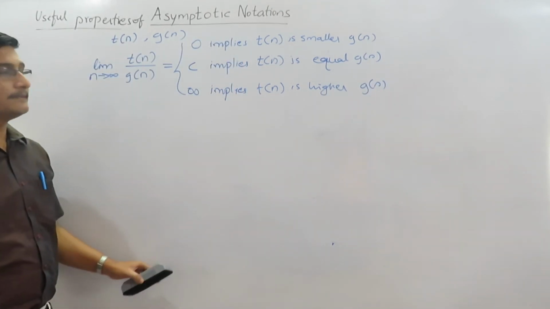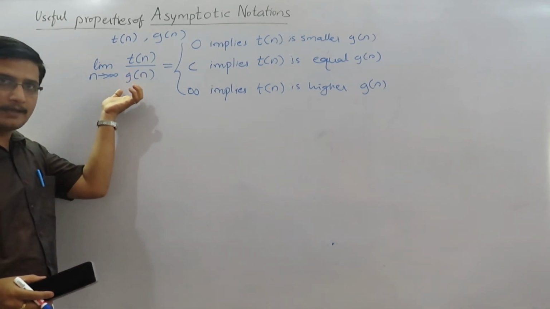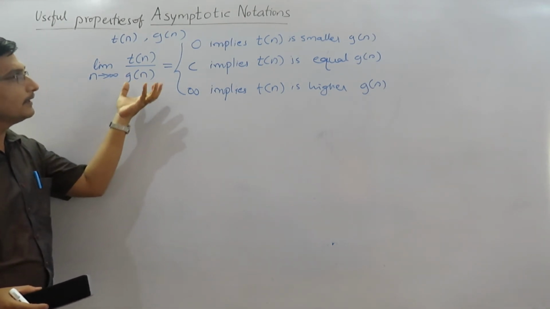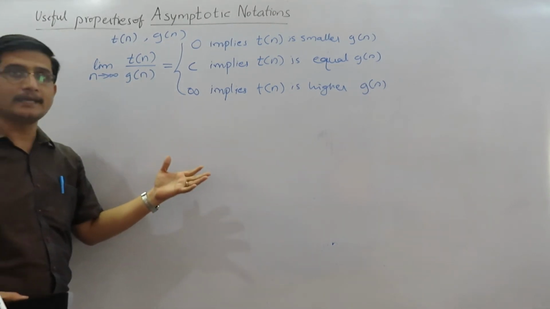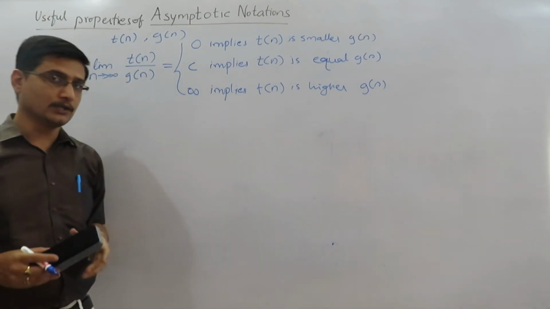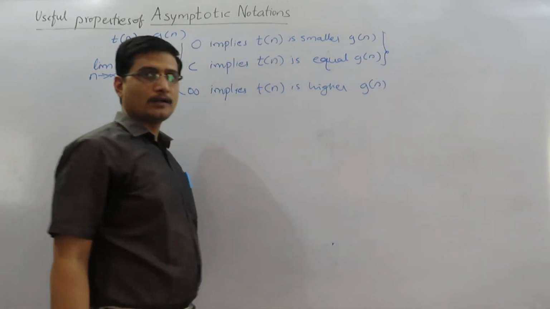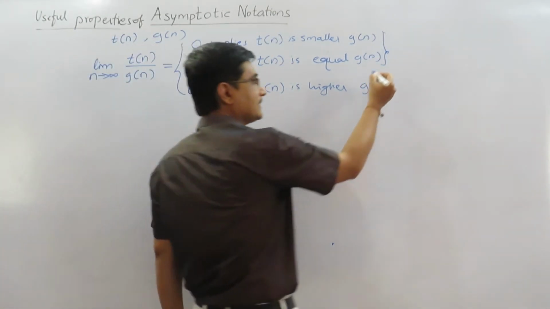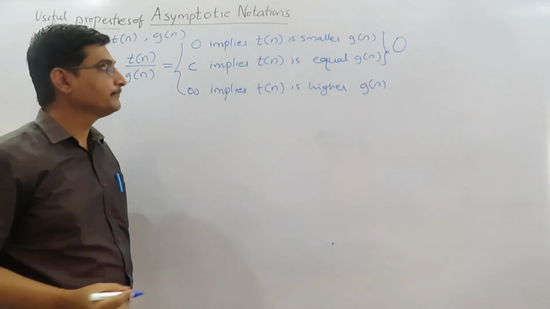This is very simple. Once we find the ratio, then we apply the limit as n tends to infinity. If the value is 0 or a constant or infinity, definitely we can say which order of growth it is, which asymptotic notations we can use. If these two are the cases, then T of n belongs to big O of G of n.